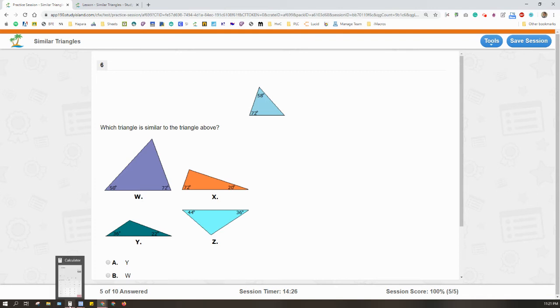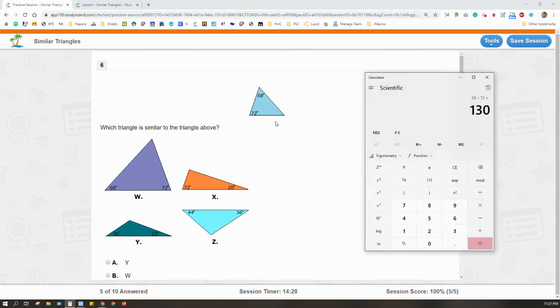So what does it have to be? If we have 130 so far, what's left? And the answer is 50. So the 3 angles of this triangle are 72, 58, and 50. You can just subtract 180 minus 130 and that gets you your 50. Oops, I said 13 instead of 130. Try it again. 180 minus 130 will get you to your 50.